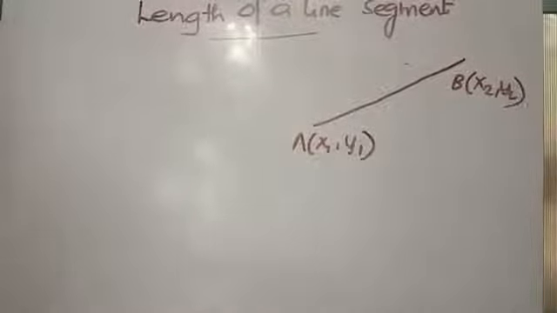Next topic is to find the length of a line segment. You know, by using a ruler, we can find the length of a line segment easily. But that comes in plane geometry.